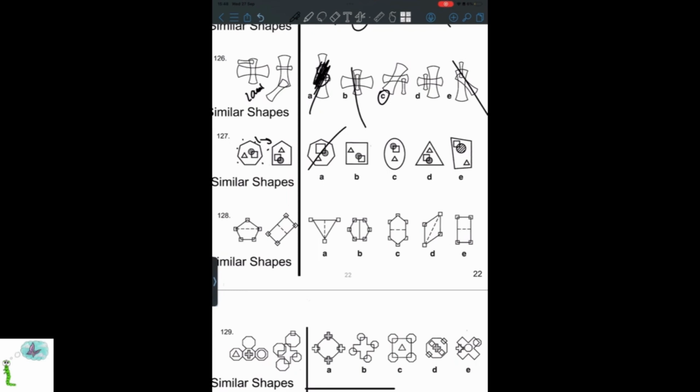So this is 1, 2, 3, 4, 5, 6, 7. 1, 2, 3, 4, 5. This is 4, this is 3, this is 1. This has a curved side, so I'd cross that out. These are straight lines. We're left with a triangle and a square. We have to realize we have to choose. Now the question is, which one do we choose?